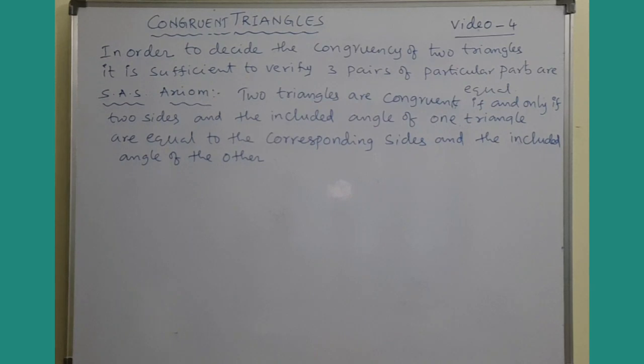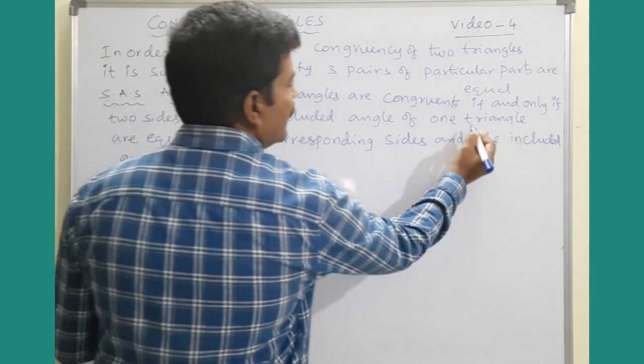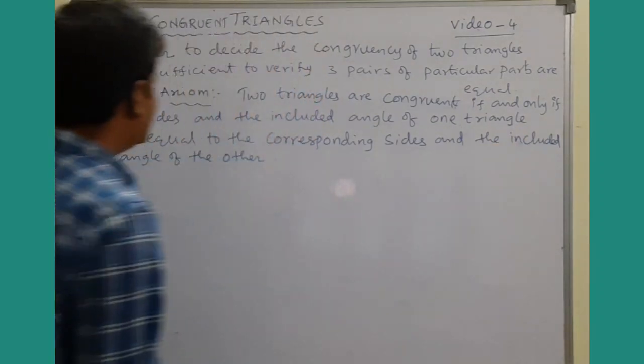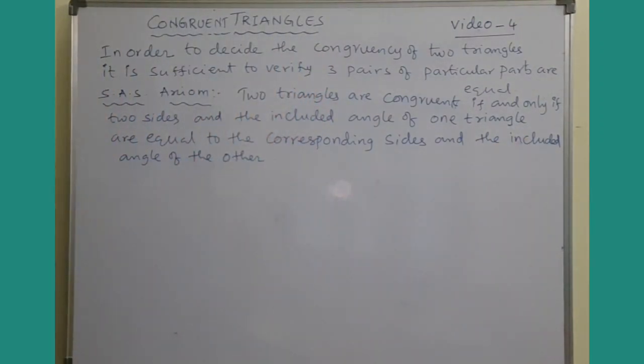Two triangles are congruent if and only if two sides and the included angle of one triangle are equal to the corresponding sides and the included angle of the other.